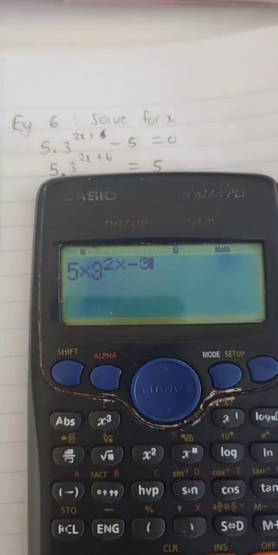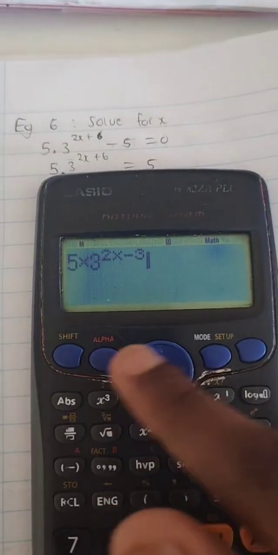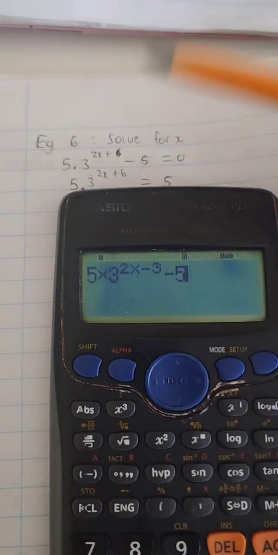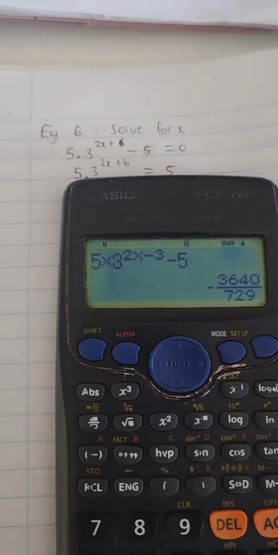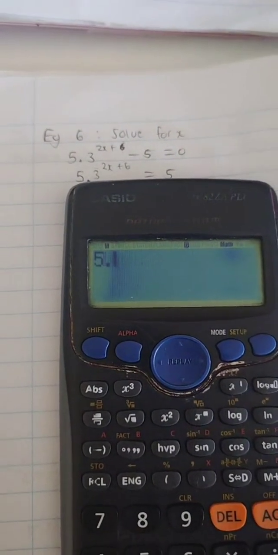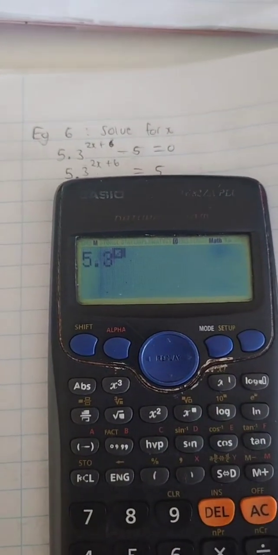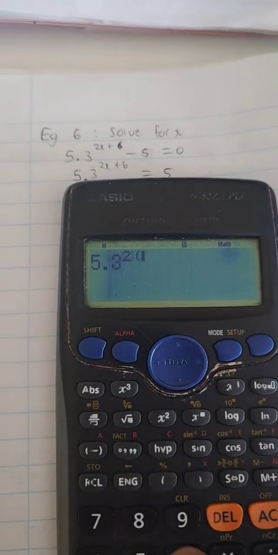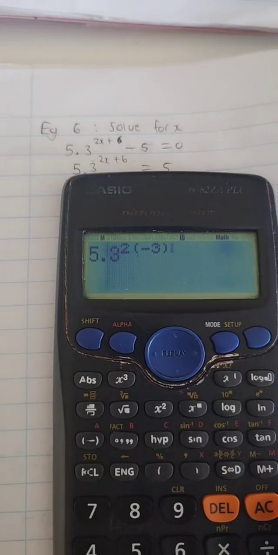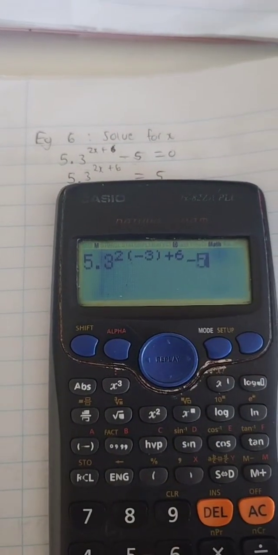Then next, that's minus 5. Let me do that again, that's 5 times 3 to the power 2 times the negative 3, we put that in brackets, plus 6 there, minus 5.